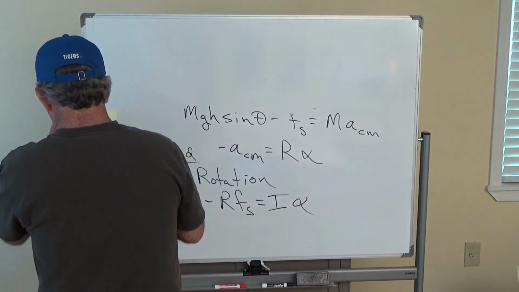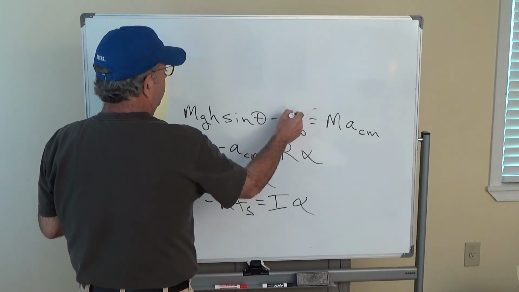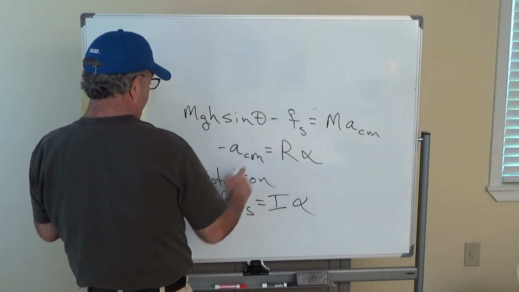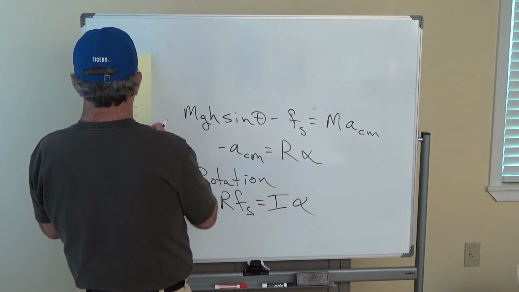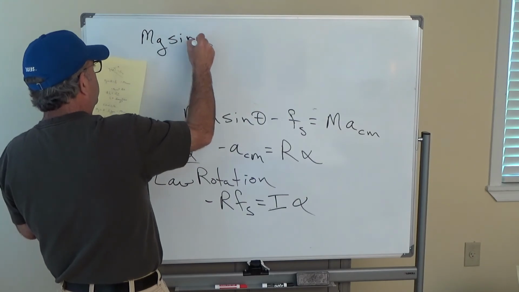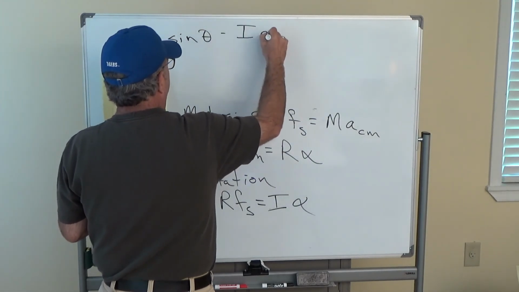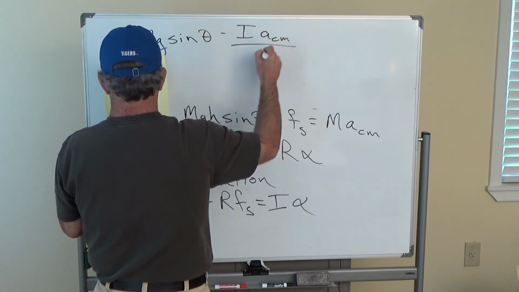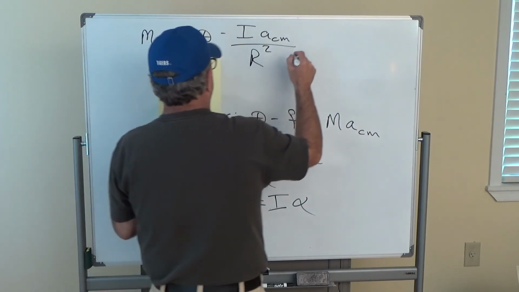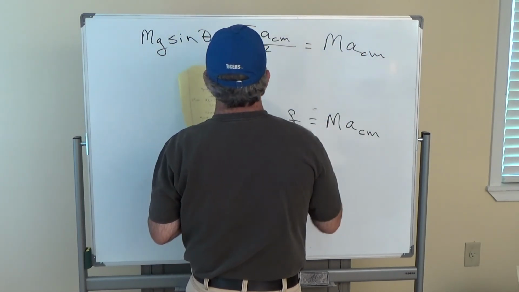So, combining these two, I'm going to get rid of that static friction force Fs. You get mg sin theta minus I a center of mass, divided by R squared, is equal to m a center of mass.